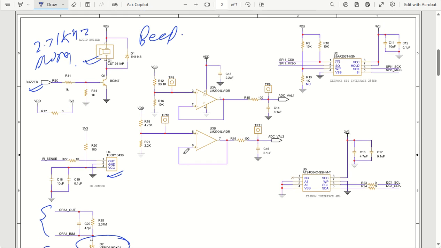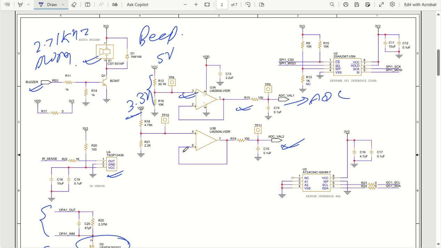Coming back to the voltage monitoring, we have two voltages. One is 5 volt VCC and one is 3.3 volt VDD. They have been voltage divided, and then after buffering and filtering, they are going to the ADC of your microcontroller. Similarly, the 3.3 volt is also done in the same manner, and it is going to your ADC.